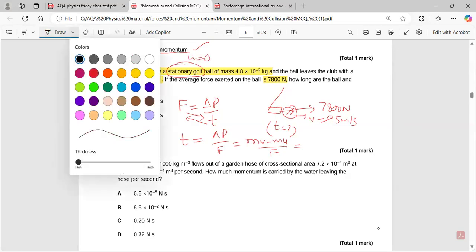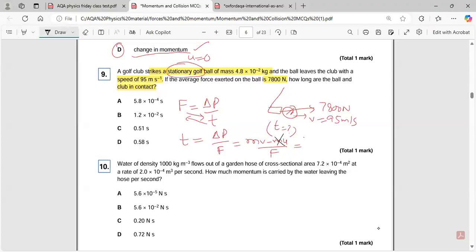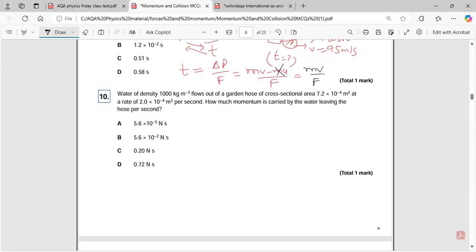So when initial velocity is 0, this is gone, and you only have to do this. So you have this mass, you have this velocity of 95, and you have this force. When you plug in the whole data into it, you will get your answer as 8.5 times 10 to the power minus 4. Next question.